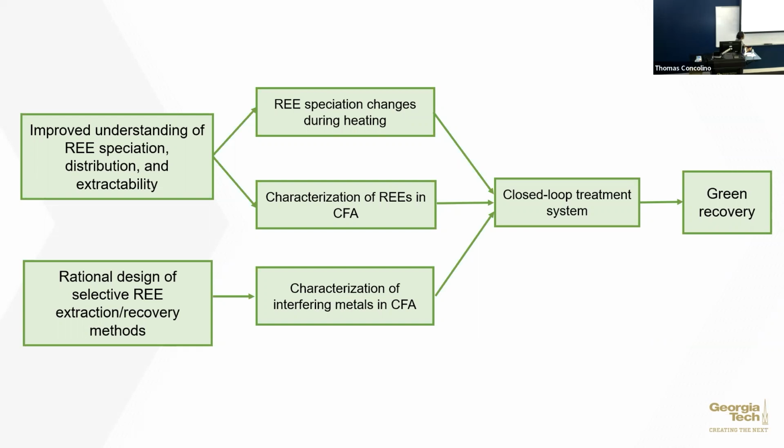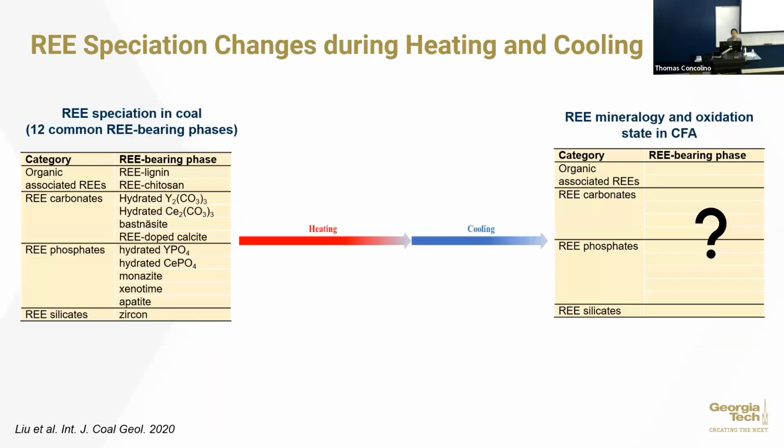And also understanding what are the interfering metals in coal fly ash that might interfere with our different extraction methods, and then rationally design our extraction method for a closed loop treatment system. And here by closed loop, I mean, we want to extract REE or useful product, but at the same time, we also need to deal with what's left over. We don't want to produce another stream that's also toxic and with environmental hazard.